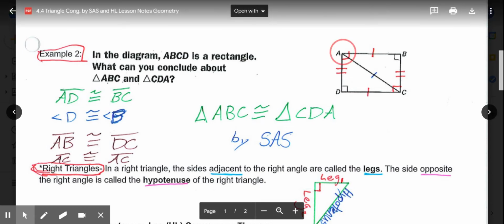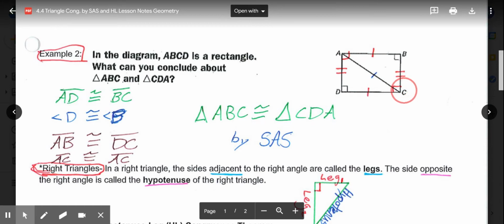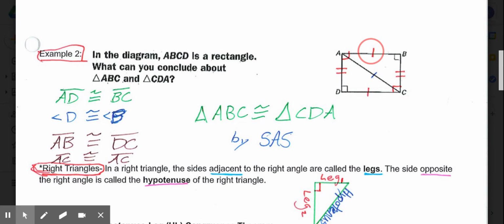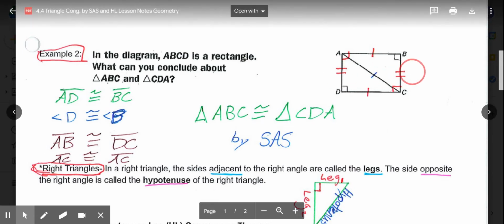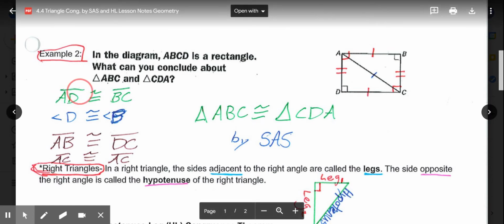So angle A up in the left is a right angle, and C in the bottom is a right angle. I know side AB is both parallel and congruent to side CD, and side AD is parallel and congruent to side BC. So right away, I know side AD is congruent to BC.